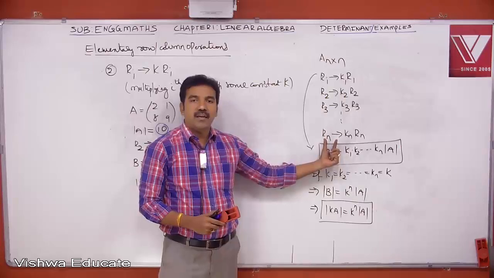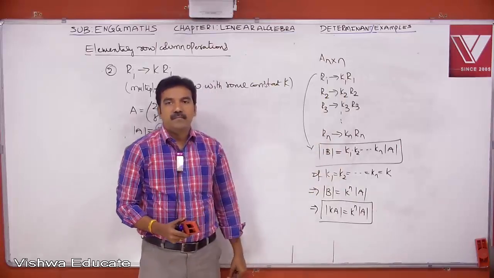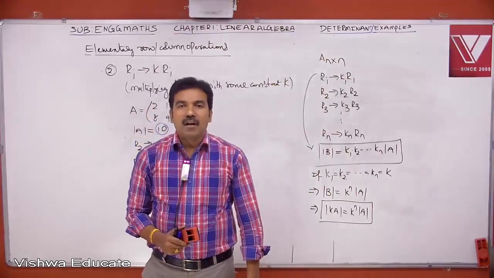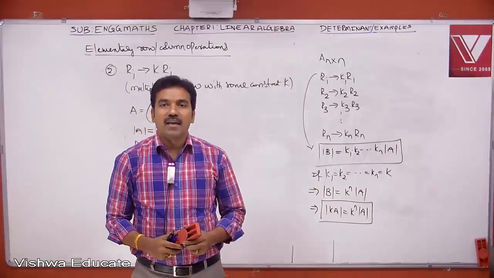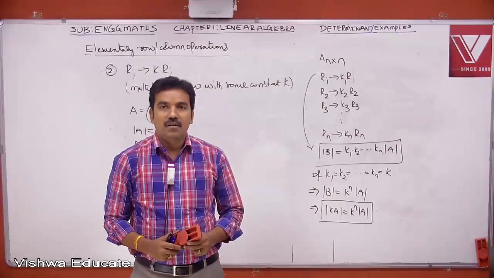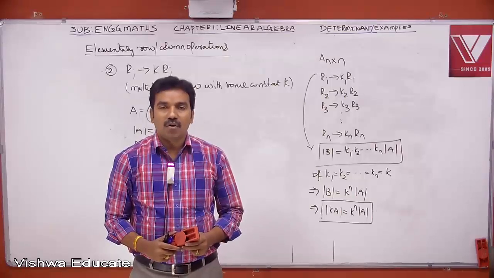Rn implies Kn Rn, where K1, K2, and so on Kn are some constants.